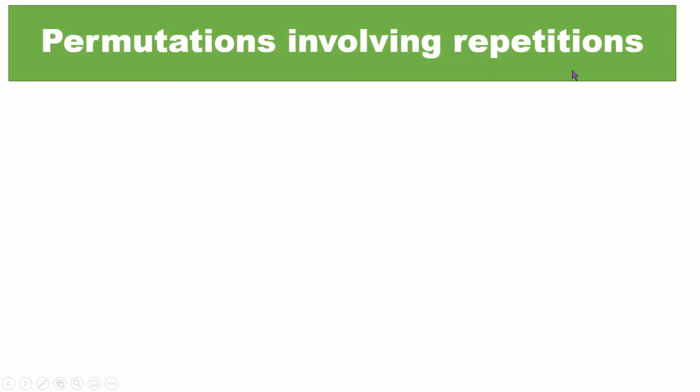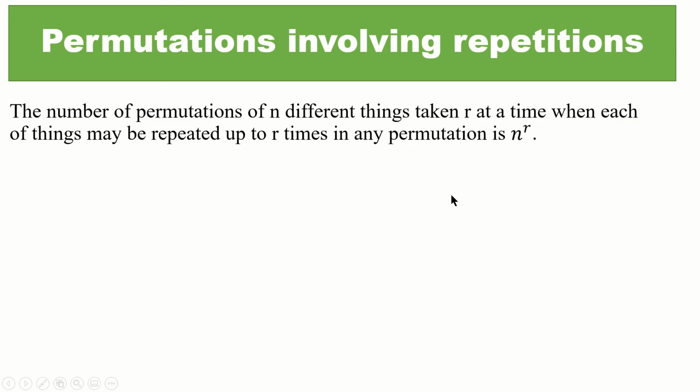Permutations involving repetitions. The number of permutations of n different things taken r at a time, when each of the things may be repeated up to r times in any permutation, is n to the power r.